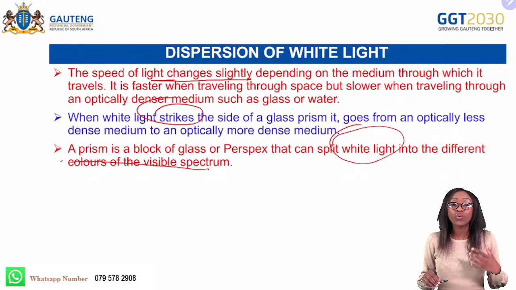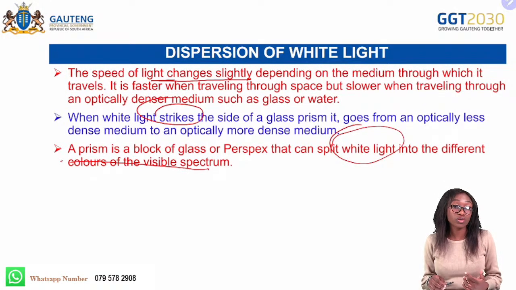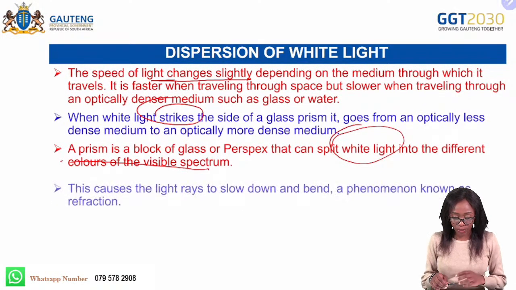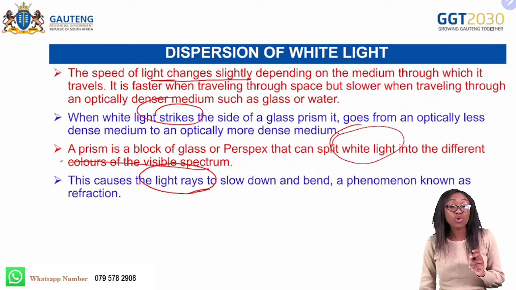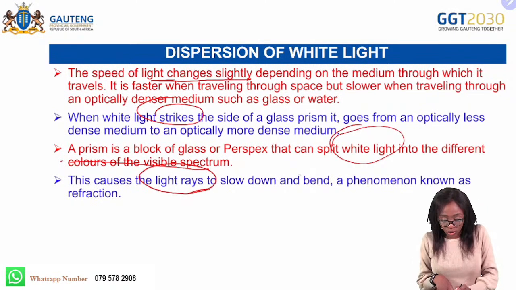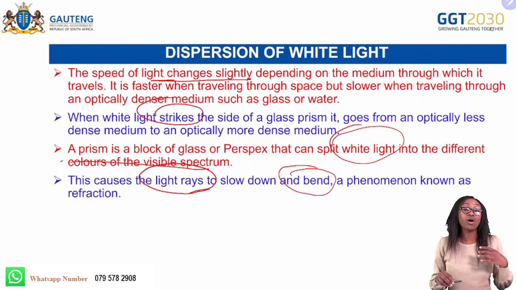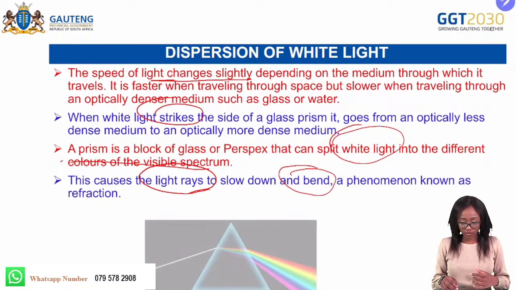So that's how we can see the different colors of the visible spectrum if we have a prism. This causes the light rays to slow down. And what else happens? They bend. This phenomenon is called refraction.